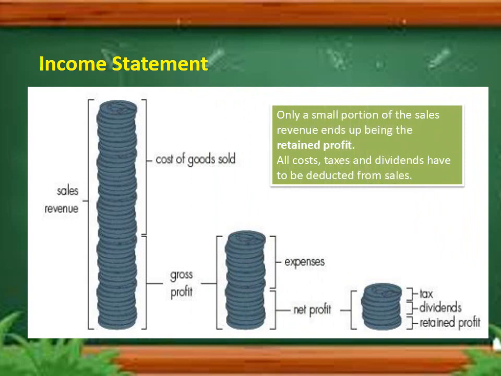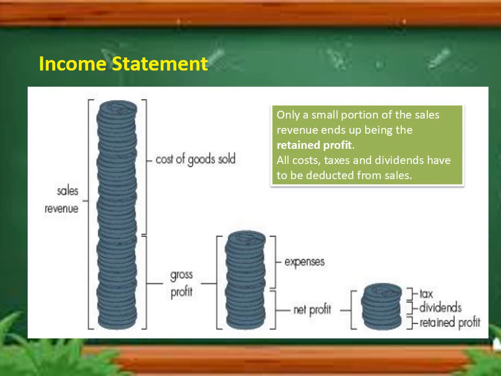So an income statement looks like that, and when you look at this diagram, you will see that the difference between the sales revenue and the retained profit tells you that your revenue is not all the profit that you're making.